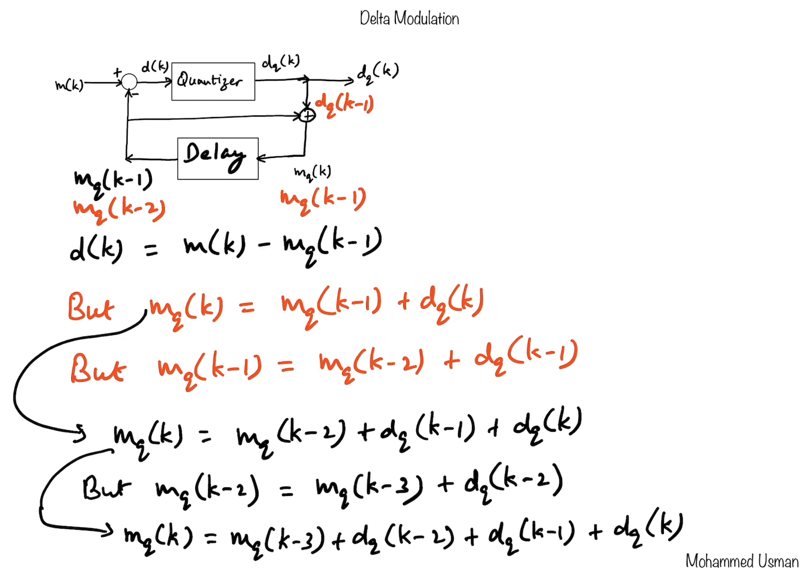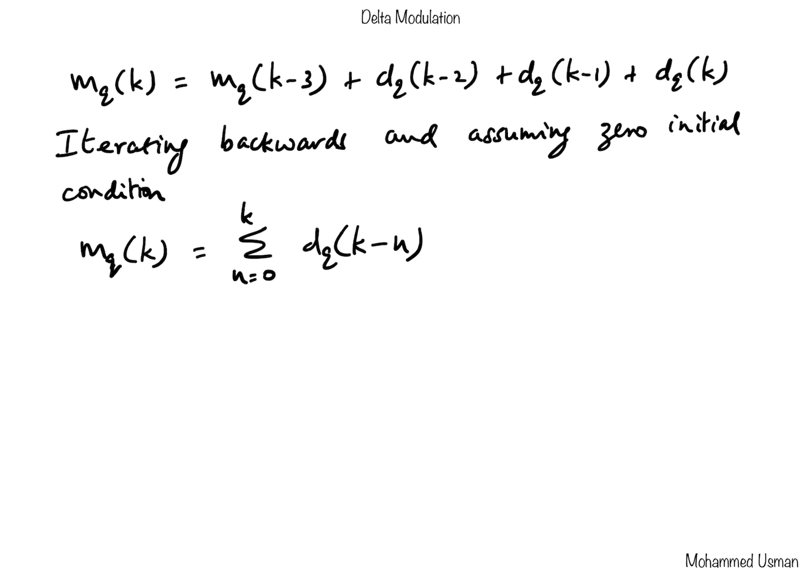The abbreviation for delta modulation is DM.